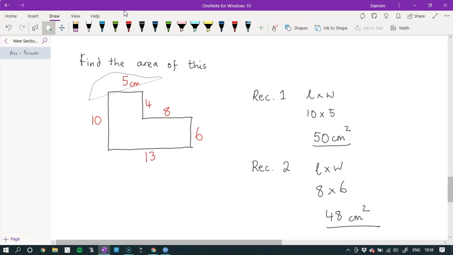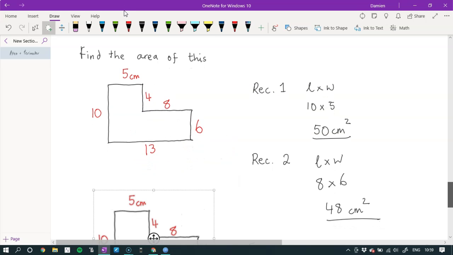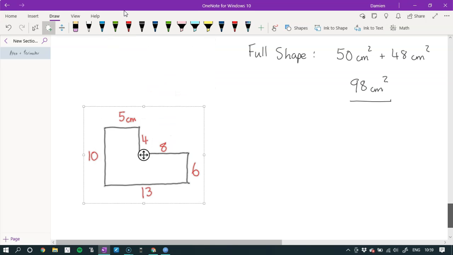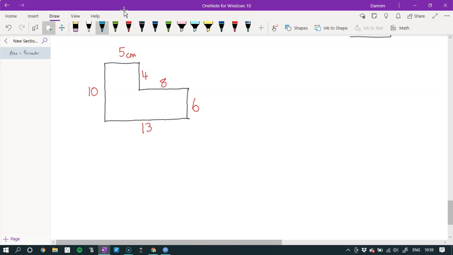So if you wanted, you could have drawn a line across this way. You could have broken it up into that shape. And that also is a rectangle and what looks like a square, and we can find out the area of each of these. So let's see if it works out the same.